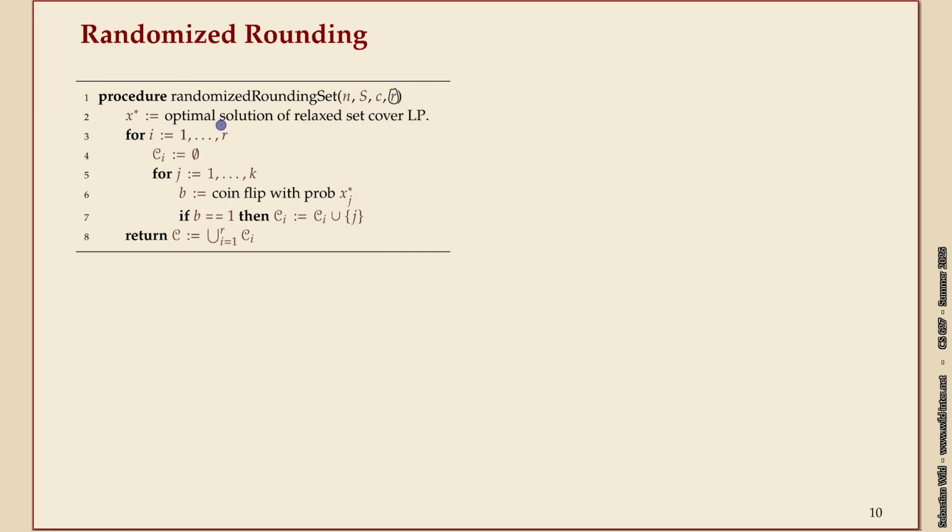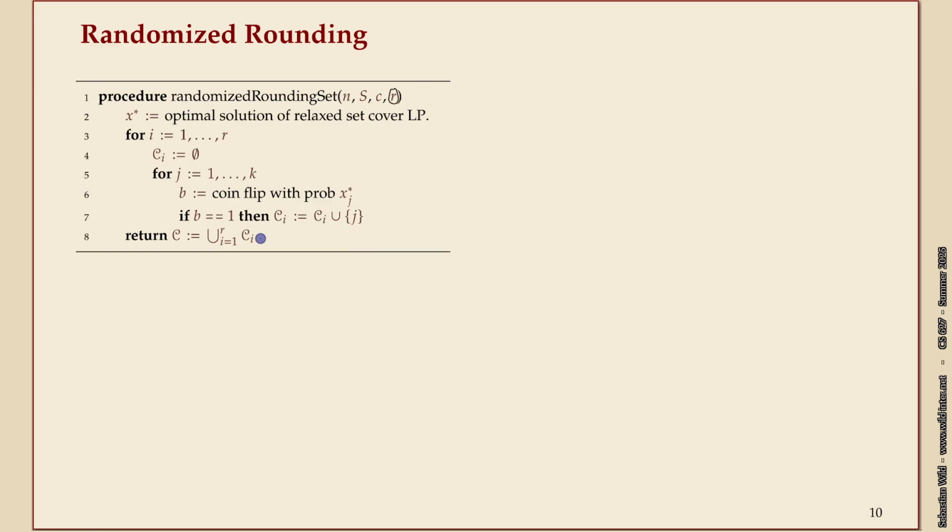So you see this is the outer loop, but we're computing one candidate set. So we do R iterations, but then for each of the iterations, we go through all the possible sets in our input and add this set with a certain probability to this candidate set C_i. And at the end, we return their union.